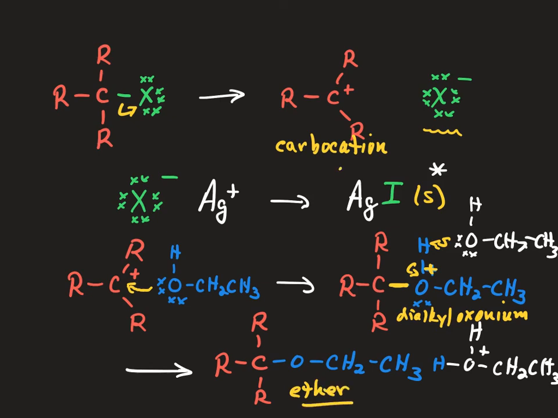As we said, the appearance of the silver iodide precipitate is our indicator of reaction. So again, this is a reaction that is causing a precipitate. So again, we're going to measure the time to get our precipitate.